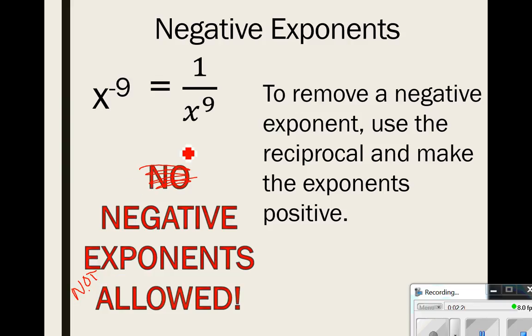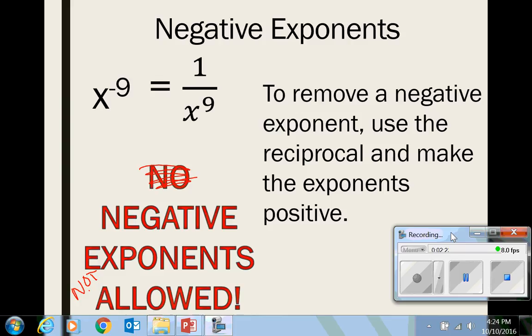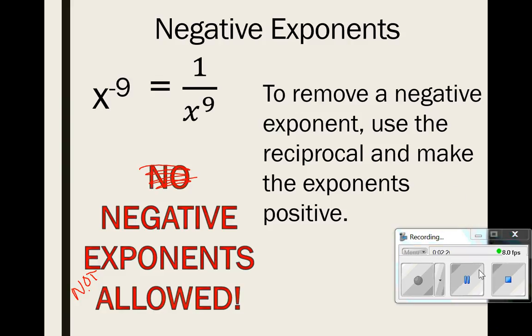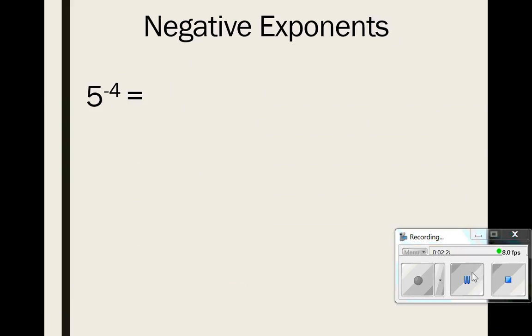So let's do some examples, because this one is a little bit tricky and it's one that you guys tend to forget. For the negative exponent 5 to the negative fourth, I'm going to make this a fraction, because if we're thinking about the word reciprocal, it's the flipped version of the fraction. 5 has a negative attitude because of that negative 4.